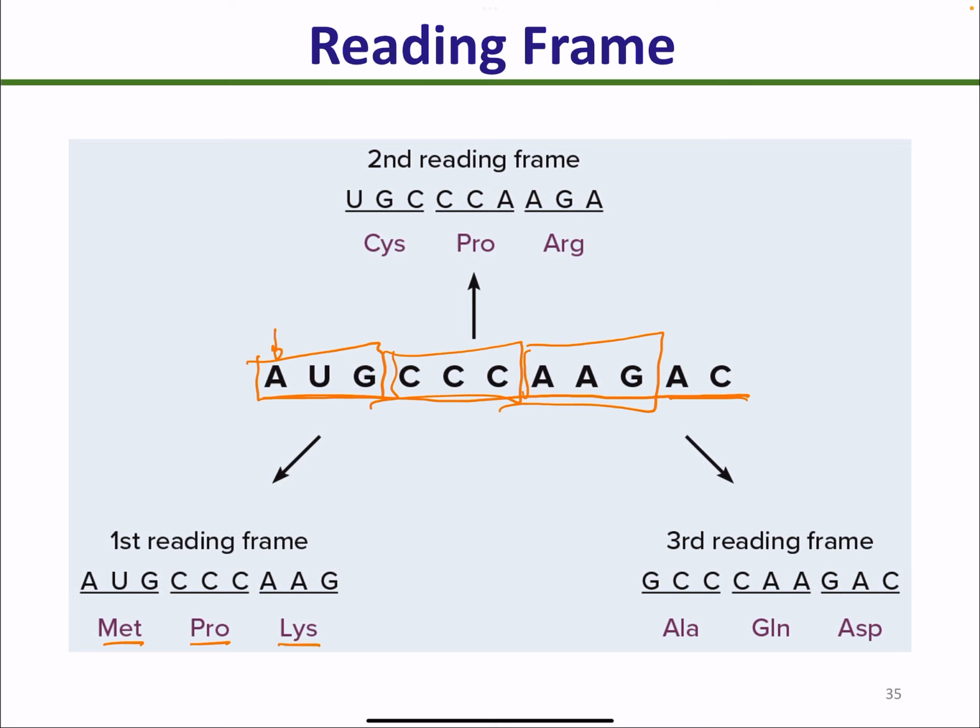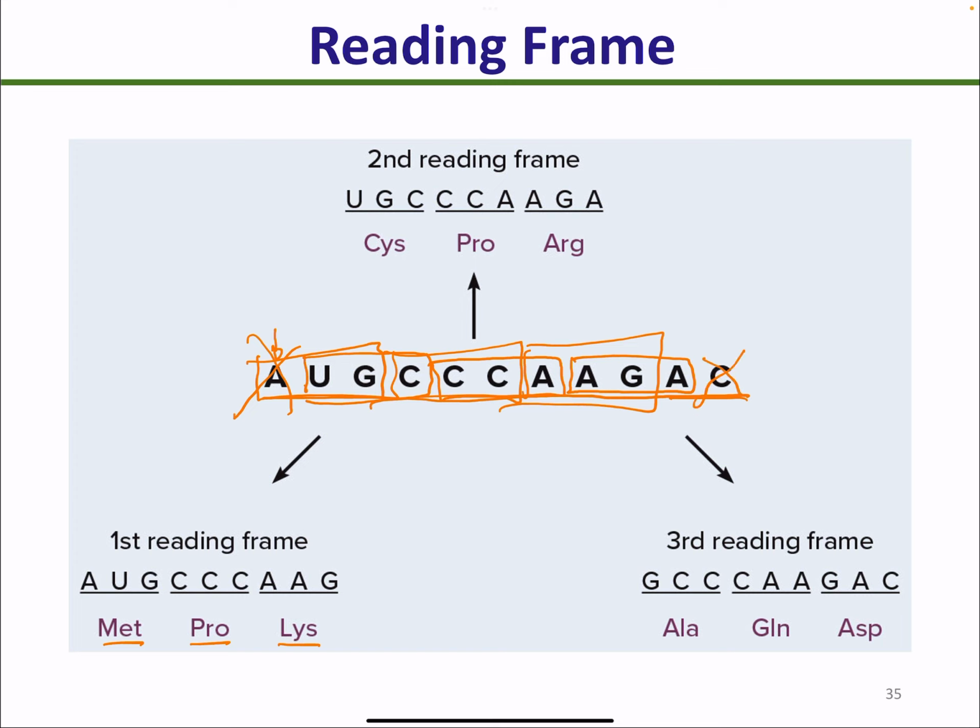Then, let's shift. What is the second possibility of reading frame? We are going to disregard this A, and we're going to start reading from U. So now we have UGC, then CCA, then AGA.